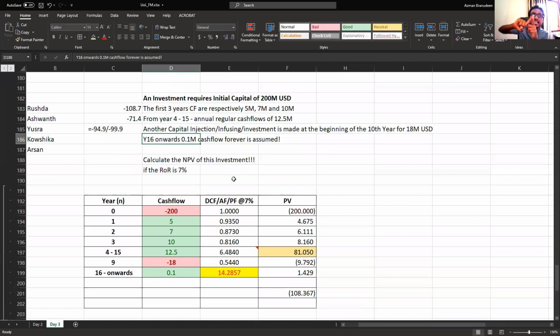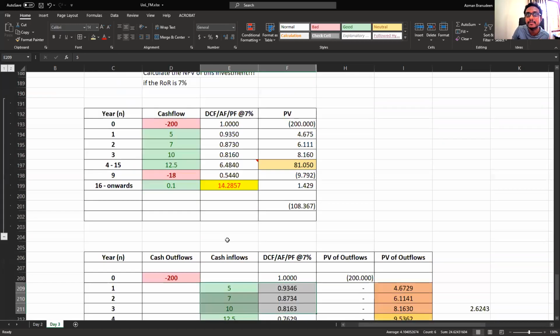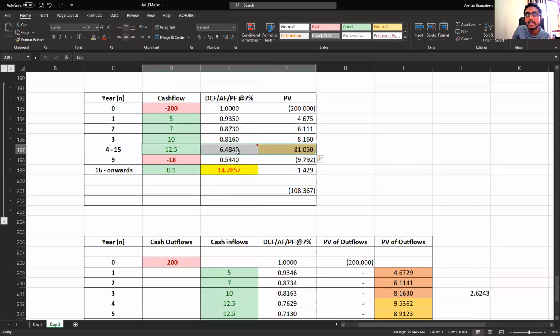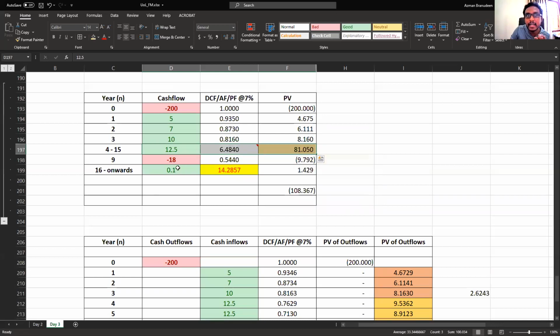Which means it's starting from 16, so 1 to 15 I'm not making. Like here, the 1 to 3 I didn't make for the annuity. For this, I had to exclude the first 3 years. Similarly, I have to exclude the 1 to 15 from this, correct?